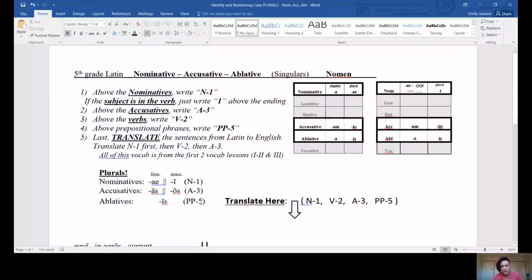Okay, so let's go to our worksheet. All right, here we go. So our directions are going to be, again, we're going to read them out loud, okay? Above the nominatives, I want you to write N1, the N being for nominative, the 1 being the place in the English sentence where we want to translate it.